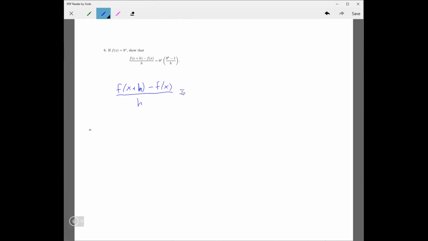Essentially, you're just substituting everything. So here's your function. This gets substituted to 9 to the x plus h minus 9 to the x, and then it's all over h. This gets replaced by this, because that's what the function is. And then the h just stays the same. So that's the first step.